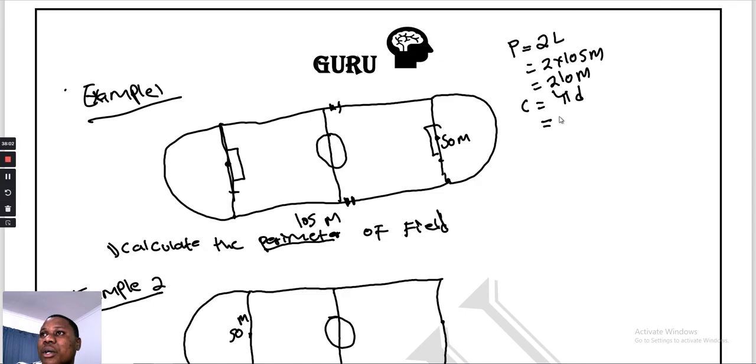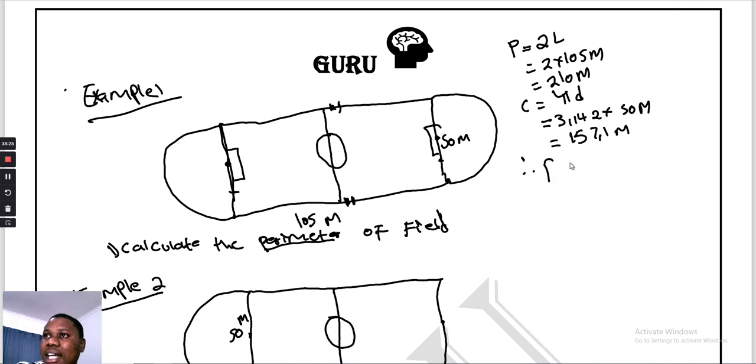Okay, so we're going to have 3.142 multiplied by 50 meters. And remember, the unit has to be the same. So 3.142 multiplied by 50 is going to be 157.1 meters.